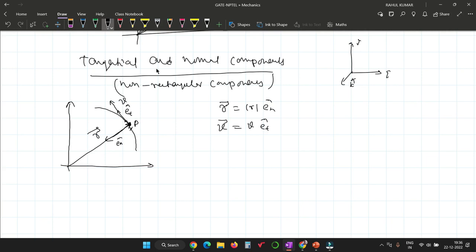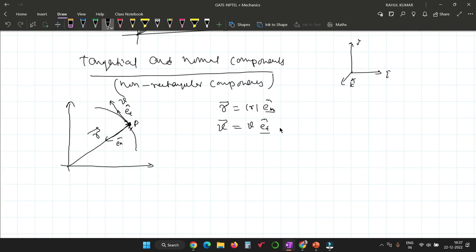I'm just saying that there is one more coordinate system that is called tangential and normal components. So the component which is normal to this arc is called e_n, and the vector which is tangent to this arc is called e_t.